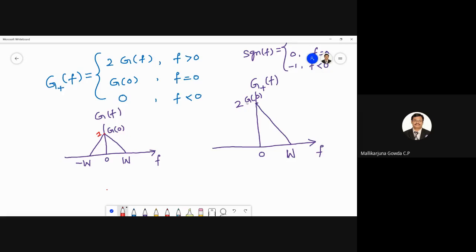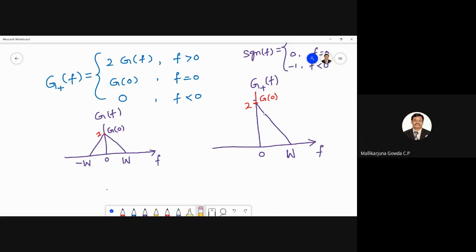So this G of 0, I am writing that it is at f equal to 0. Here the magnitude is 2. I wanted to say its magnitude becomes 2 times the G of f. Is this clear?